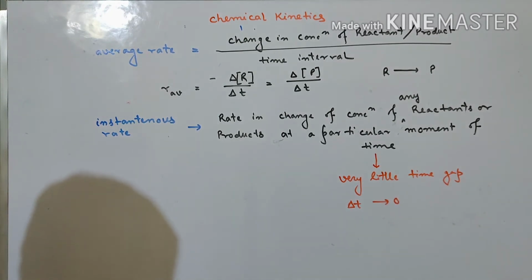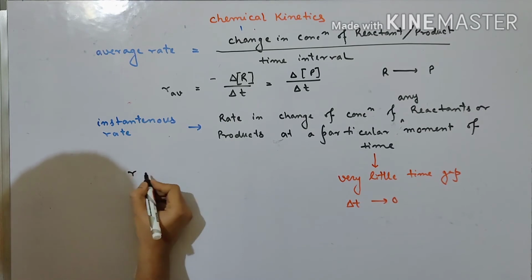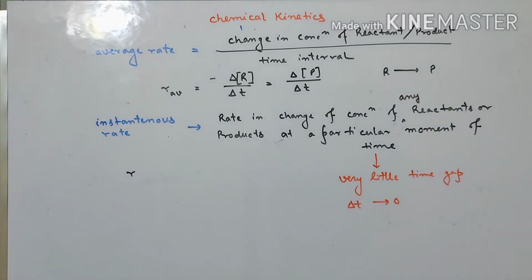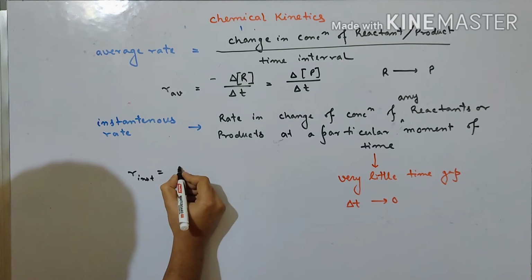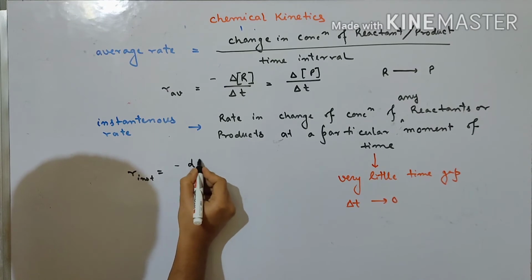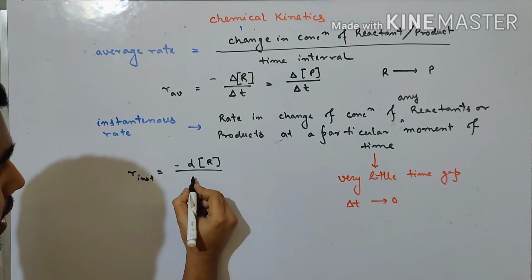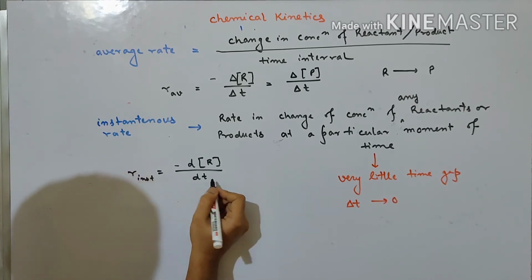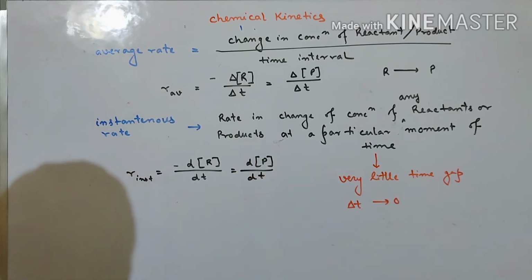So as a result, we should be writing down the rate, or you can write instantaneous rate, simply R, or R instant. The delta should be replaced by d, so R equals dR by dt, or dP by dt.